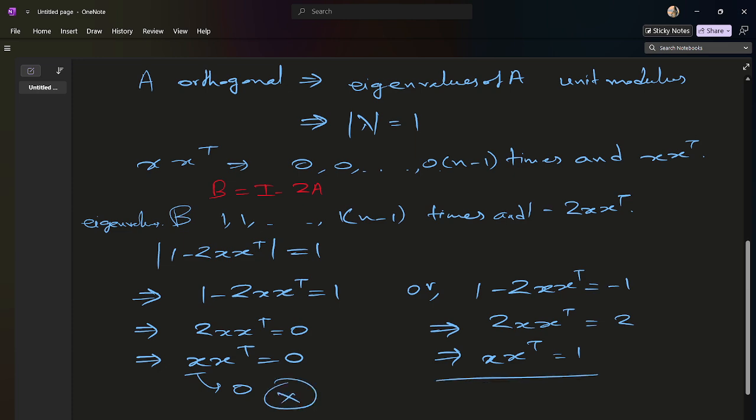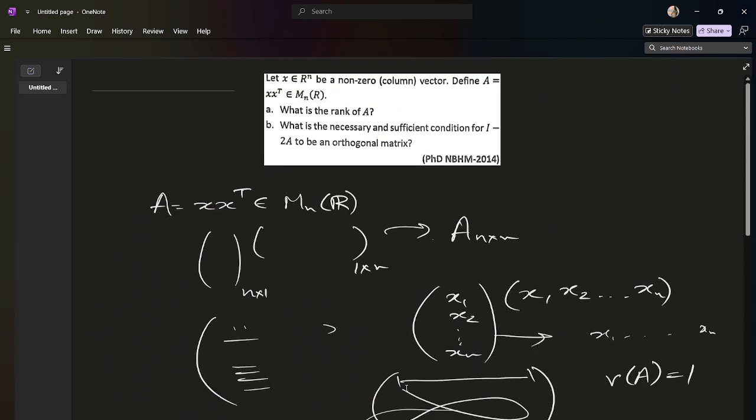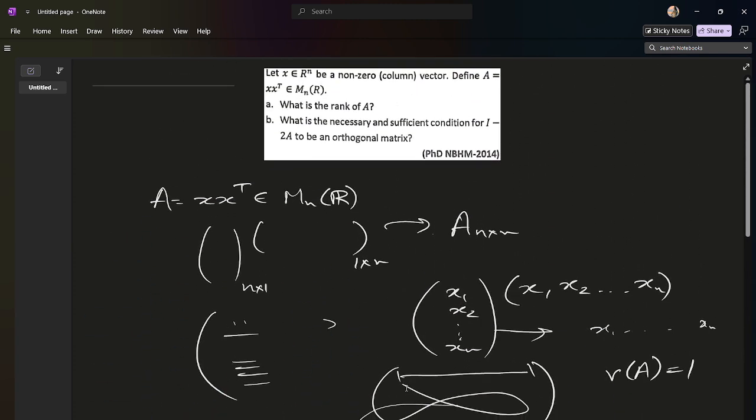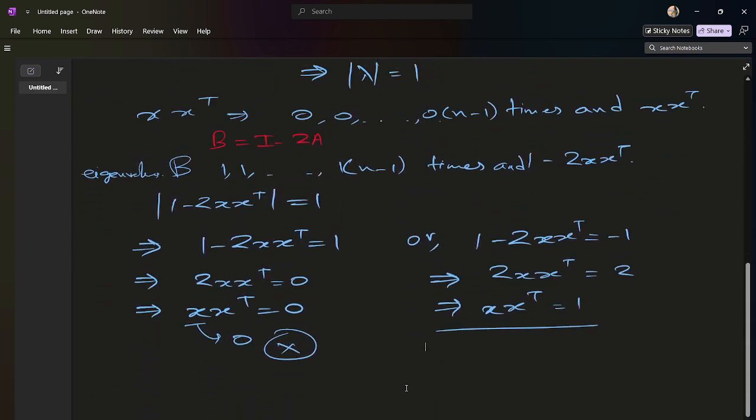So x transpose x equals 1 is the only answer, the necessary and sufficient condition for I minus 2A to be an orthogonal matrix.